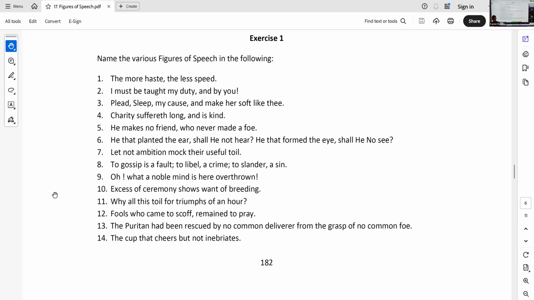Tricolon. Okay. And write down power of 3. It's also known as power of 3. So some exams, some books identify this as a figure of speech when ideas are used in bunches of 3.